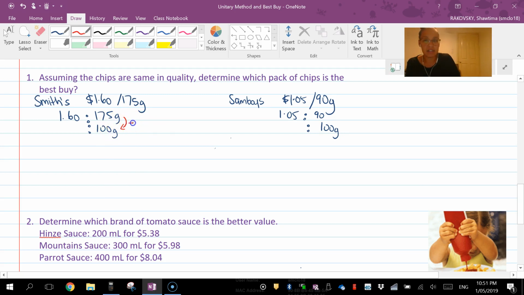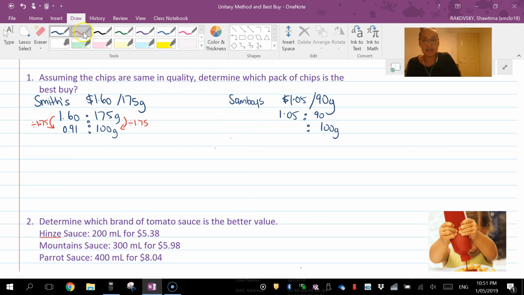Now I can actually divide this by 1.75. And what I do to this side of the ratio, I have to do to this side of the ratio to keep it in proportion. So I'm going to divide by 1.75, and that's going to give me 0.91.